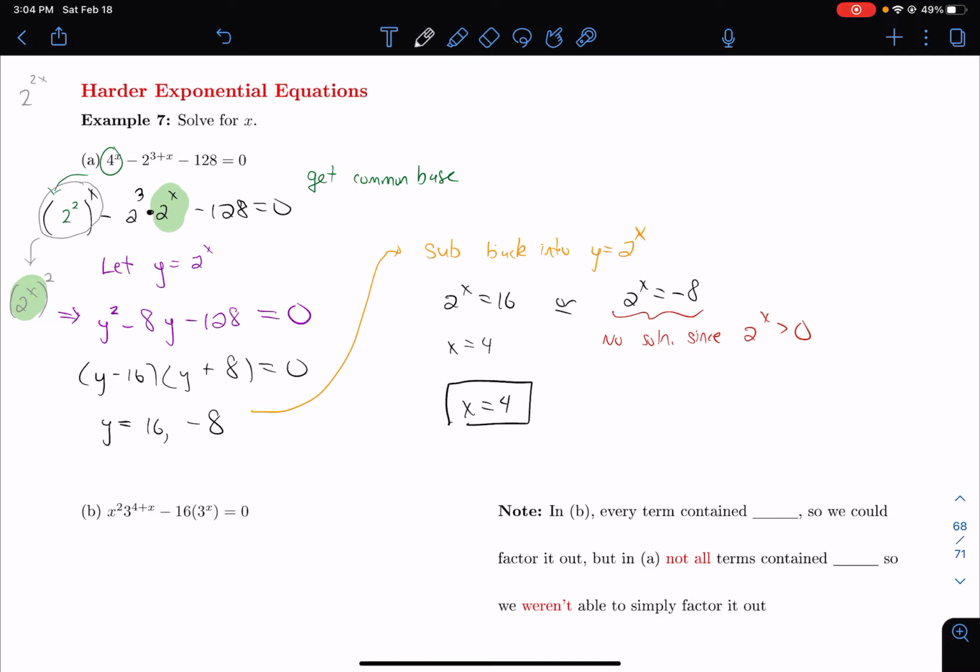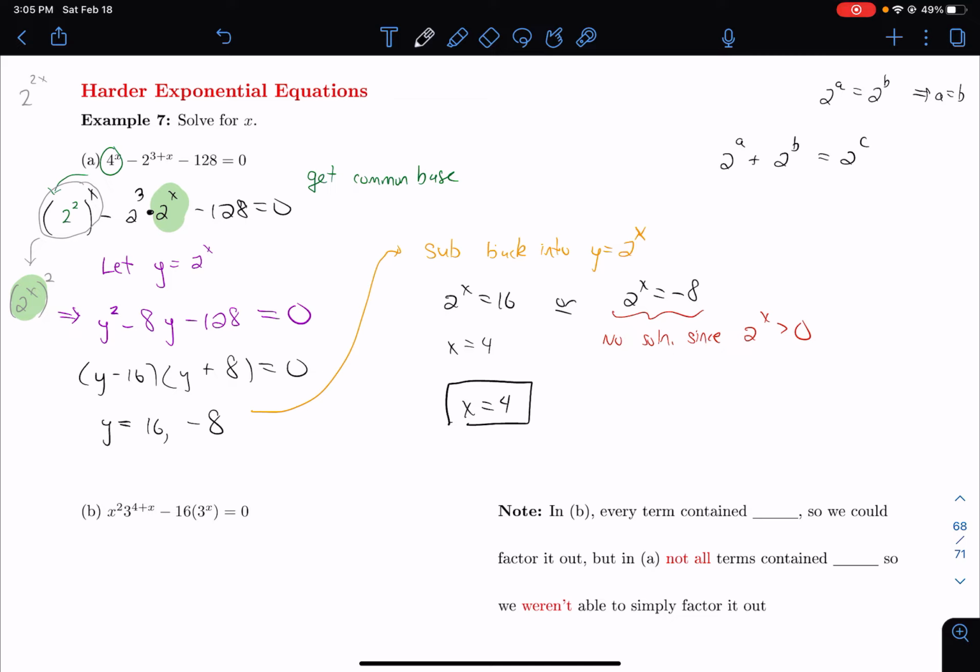Nice. Okay, so one quick comment I want to make about this whole thing about getting common bases is we've seen before that if you have something like 2 to a power equals 2 to a power, that means those powers are the same. A equals b. But I want to mention that if I had something like 2 to the a plus 2 to the b, and then equals 2 to the c, so a couple of 2 to the powers on the left, and then one 2 to the power on the right, there's no such rule here.